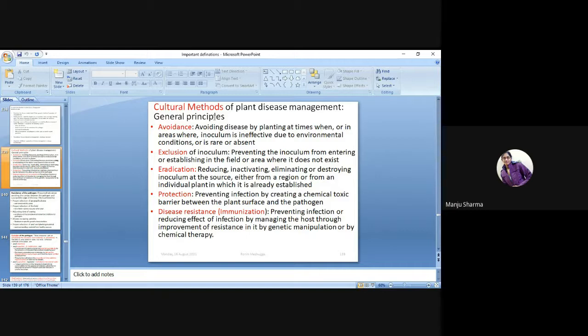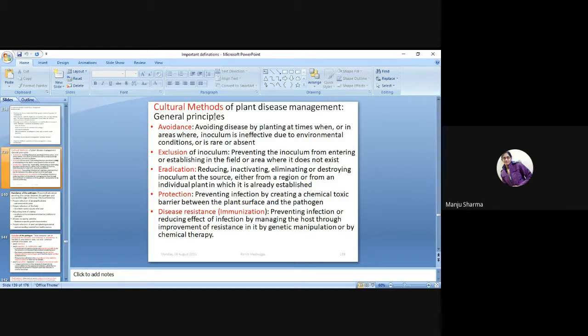Then protection, preventing infection by creating a chemical toxic barrier between the plant surface and the pathogen. Disease resistant, that is also called immunization.